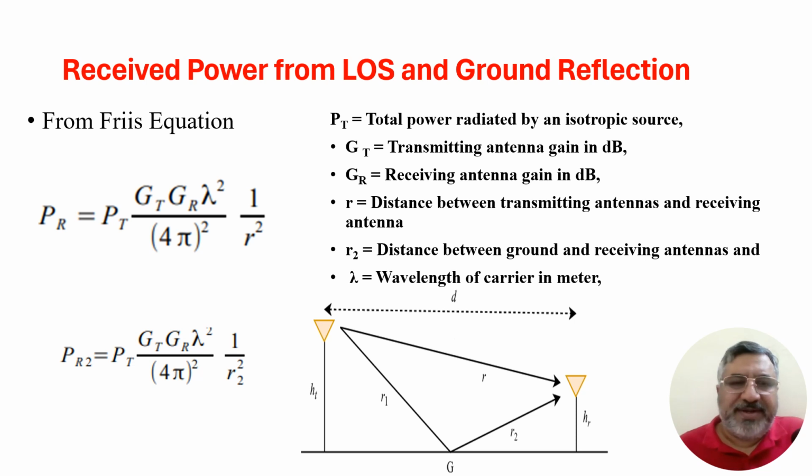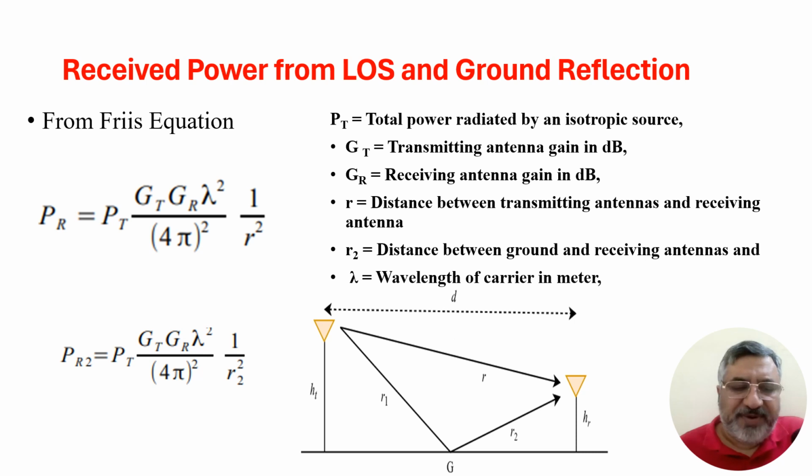In fact, the receiver can see two transmitters at a time: the real transmitter above the ground, and a virtual or mirror image transmitter after reflection from the ground. The intensity of each of these two signals in the absence of the other would be given by the Friis equation.